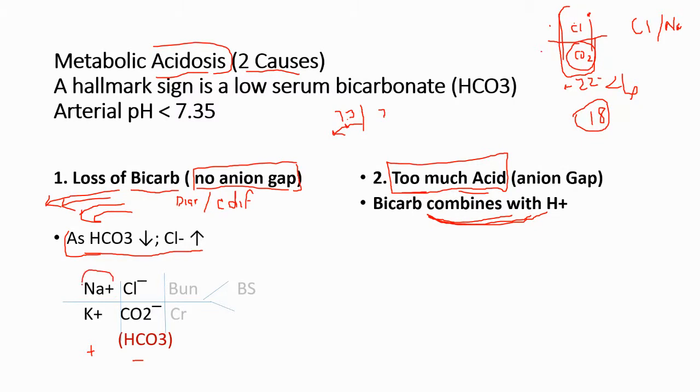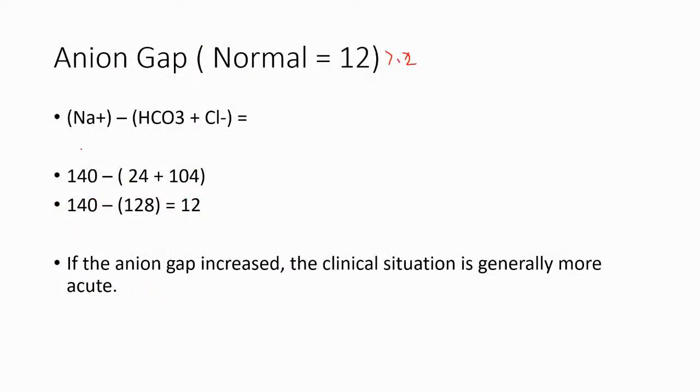We look at only sodium. Some of the calculations will add potassium, but then your number changes, and that's not a common practice. We look at sodium, that's the positive ion, and then we look at chloride and CO2. Those are the negative ions we look at. So here's the formula right here.